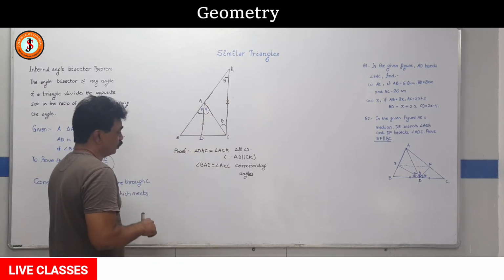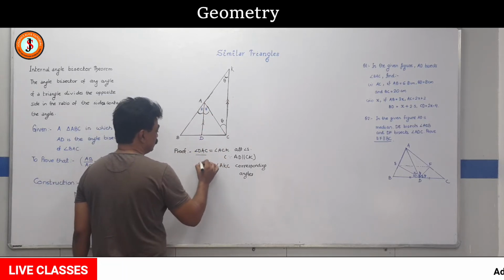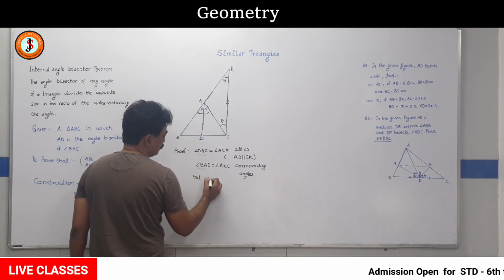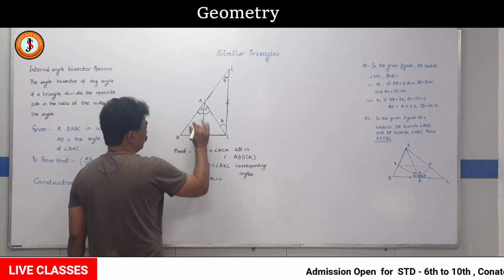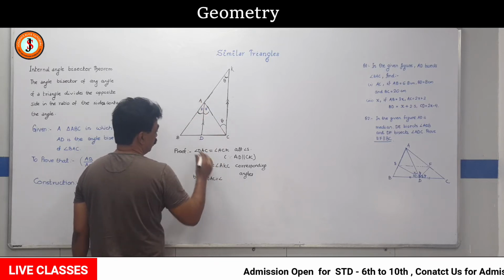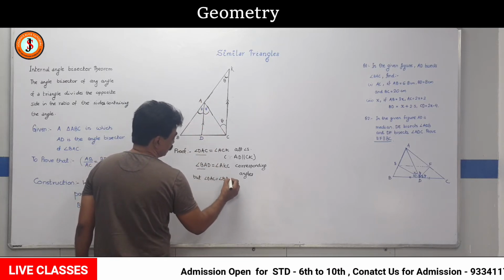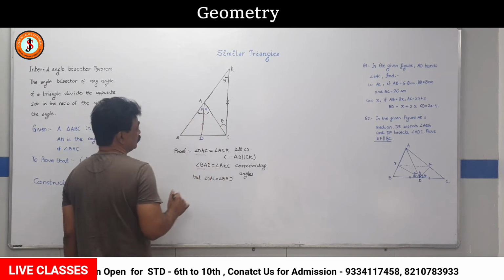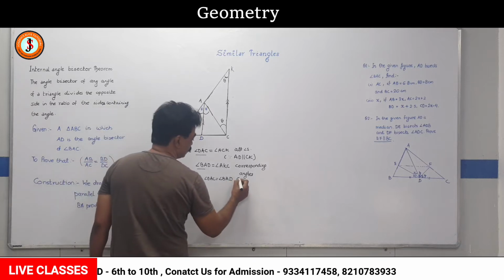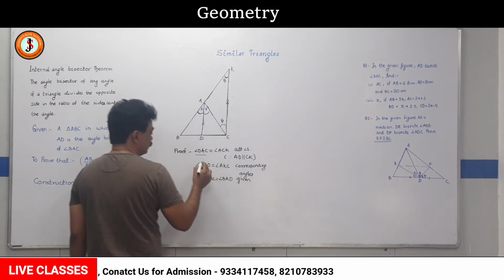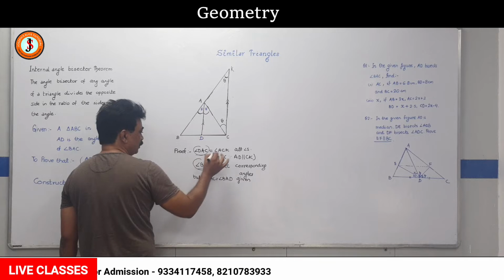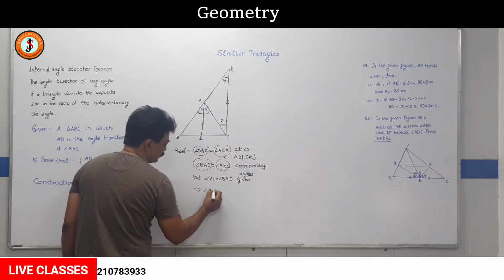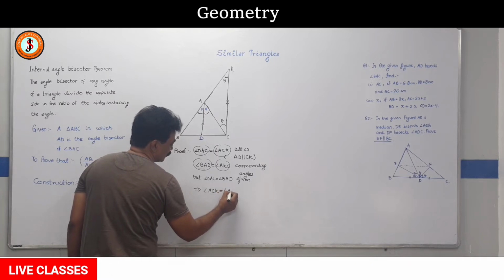So now what do we see is that DAC is equal to BAD. It was given, isn't it? So DAC and BAD are equal, that means ACK and AKC also will be equal. This implies that ACK is equal to AKC.